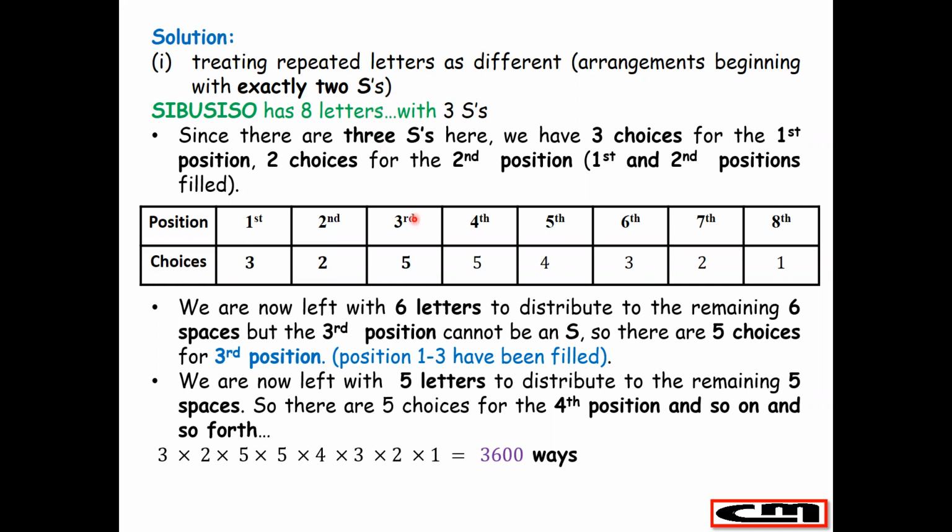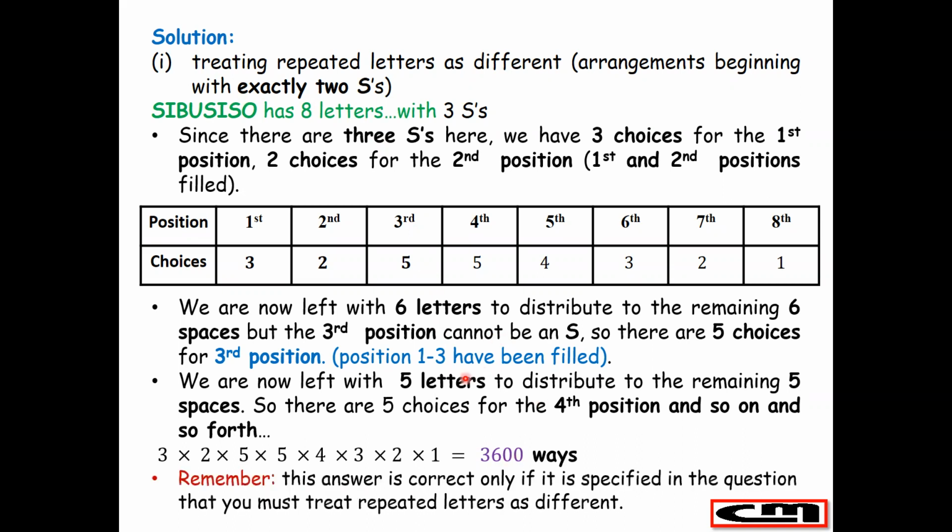Right, we are going to use this understanding in the next problem. Now, we need at this point to remember that this 3,600 is correct only if it is specified in the question that you must treat repeated letters as different.